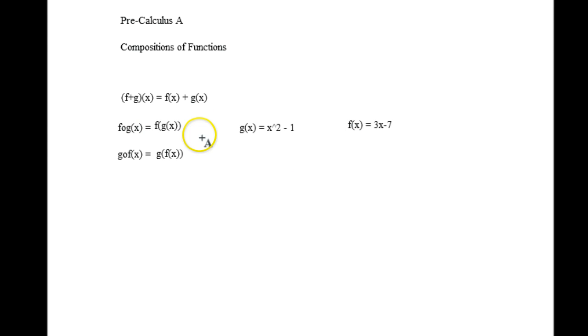For fog, I would take g of x and plug it in wherever x was. So fog of x would equal 3 parentheses x squared minus 1 minus 7.